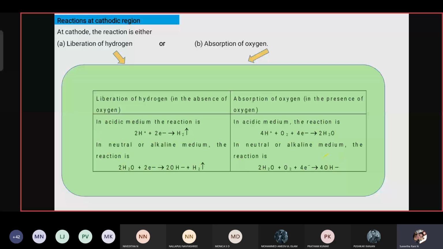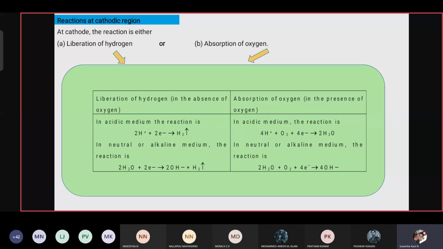Compared to the first, the second condition gives more OH minus ions. Hence, in the cathode, in the presence of oxygen, the liberation of OH minus ions is more on the cathode surface.